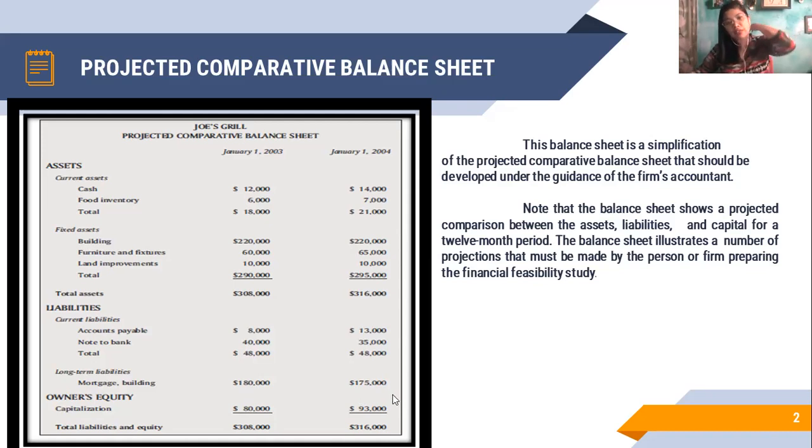So the capitalization is 93,000. The capitalization should increase, okay? Because again, that's the difference between the total assets and the total liabilities. So you need to have a 2-year comparative balance sheet. Okay.